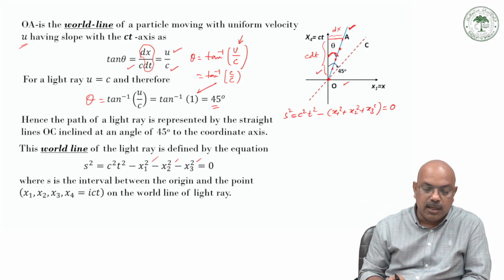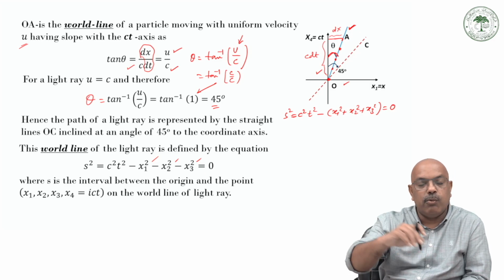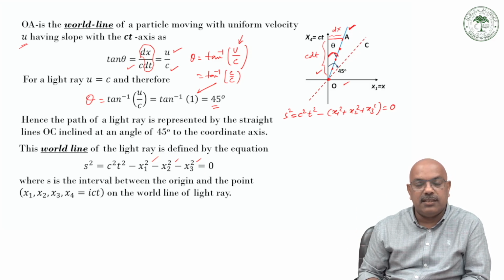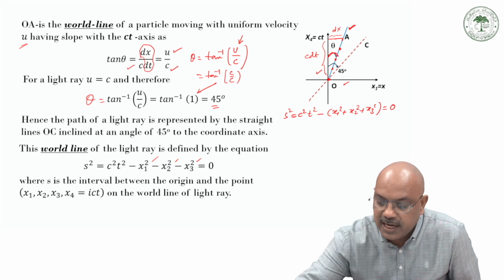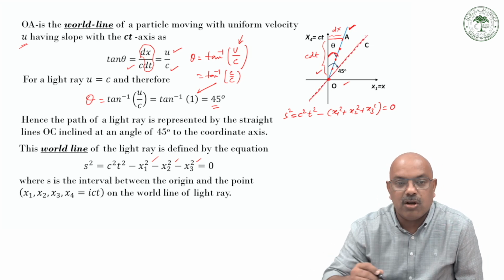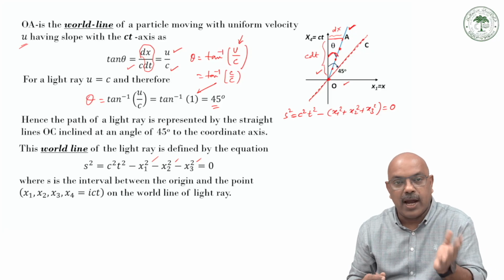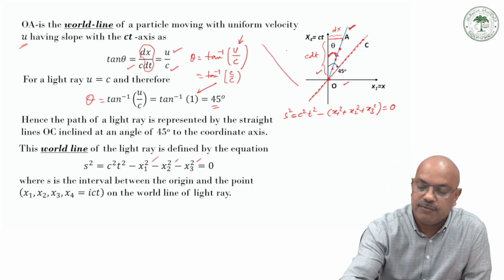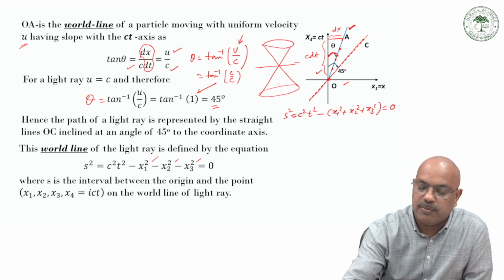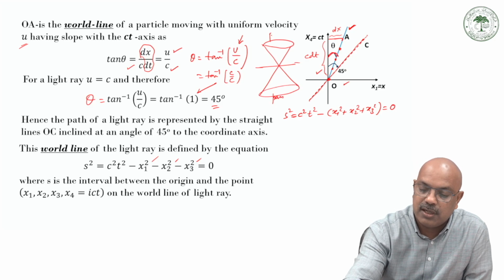This is going to be the world line equation. But the important thing is that this 45 degree angle matters, because when we talk about the light cone, it defines how wide we are. When you define the light cone, if you remember, we talk about the past and the future.